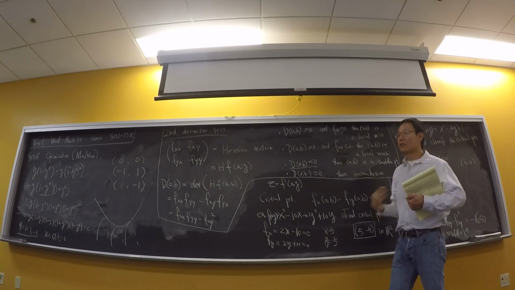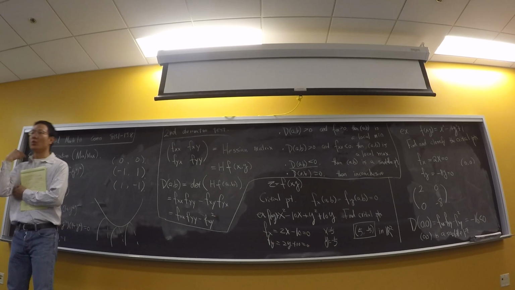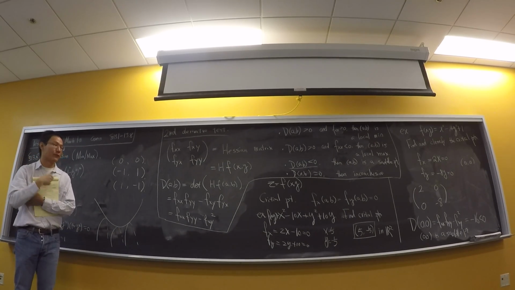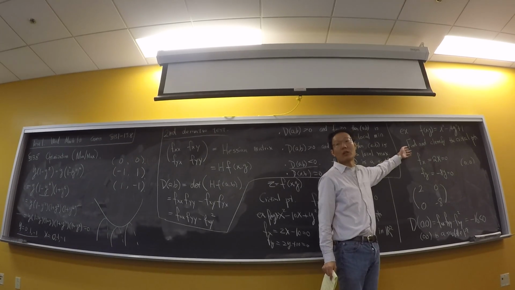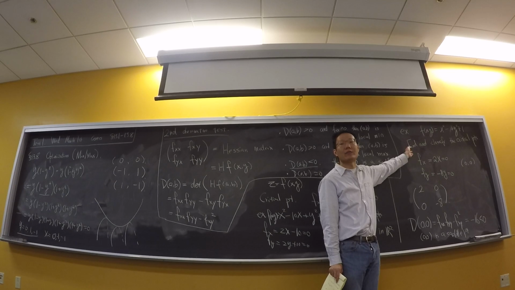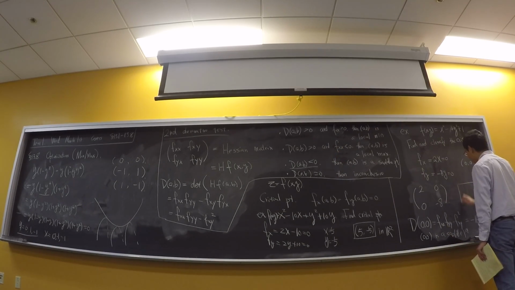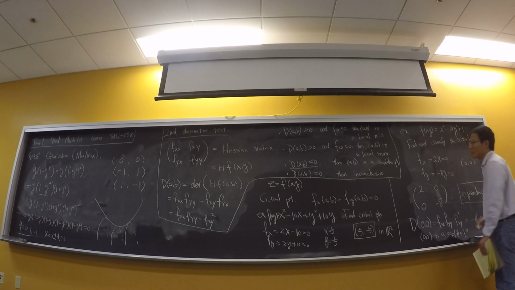So whether you have 2 positive eigenvalues, 2 negative eigenvalues, or 1 positive and 1 negative, the convexity property, or the local maximum or local minimum, is essentially determined by the eigenvalues. I will give you one word if you want to look it up: eigenvalues.